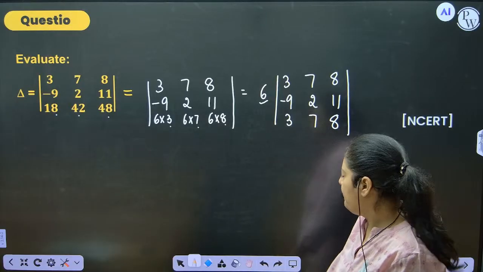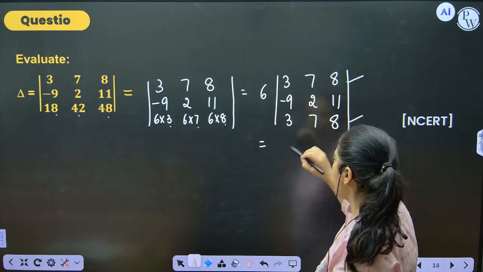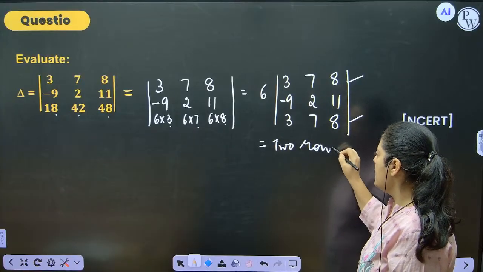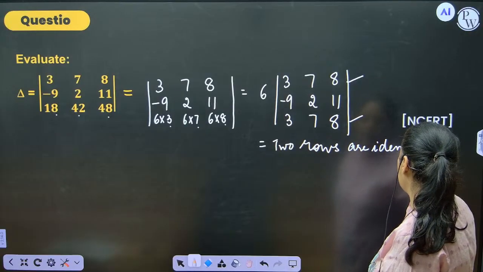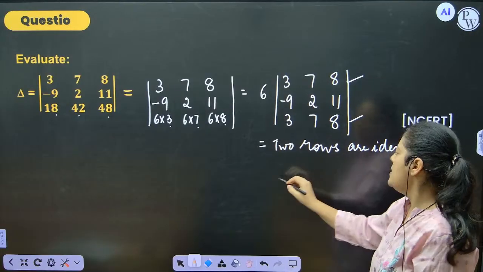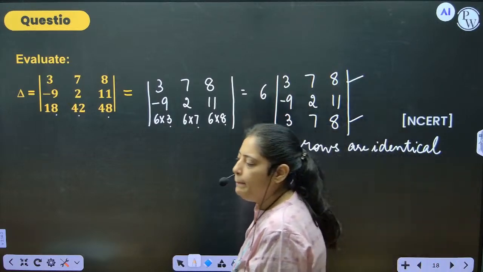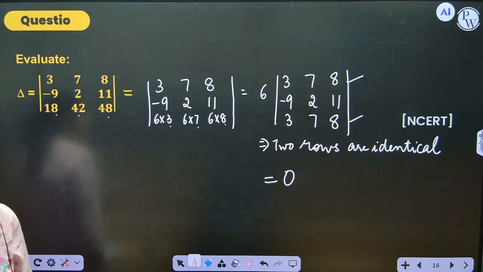Alright. So now when two rows are identical, value will come out to be 0. Okay. So answer is 0.